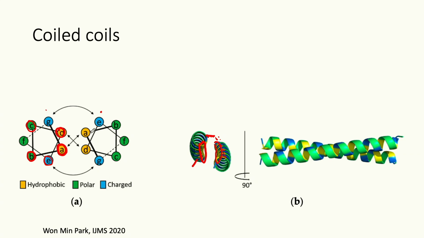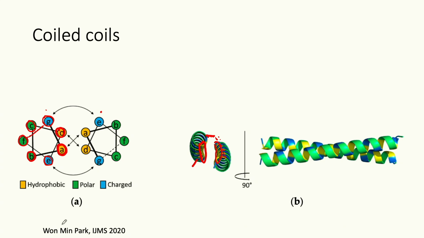So blue was charged. F is the following one, and that one would have to be polar, and then finally G would also be charged, right? So we have these two charged ones, E and G.